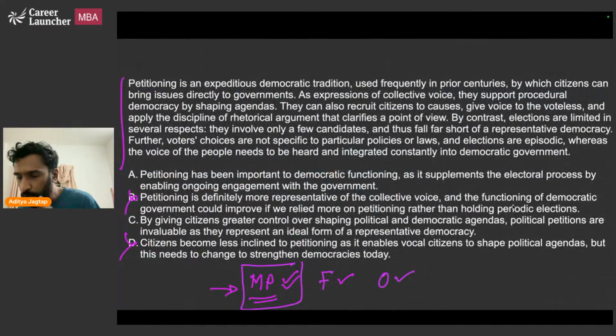So I'm just looking for, yes, ideal form, Harshal. Absolutely right. Two words, right? When I read option C, by giving citizens greater control over shaping political and democratic agendas, this is true, right? Citizens can shape agendas, right? This is correct. Political petitions are invaluable, right? Invaluable means they are extremely important.